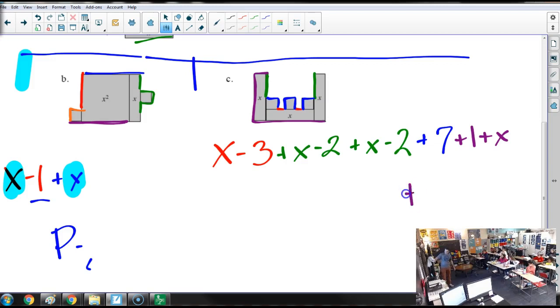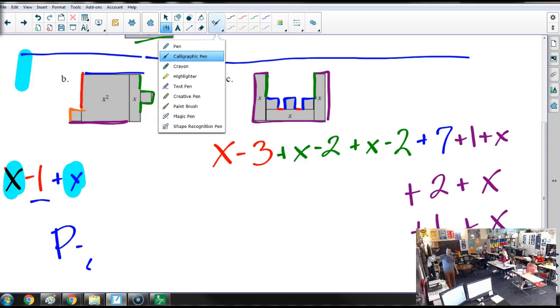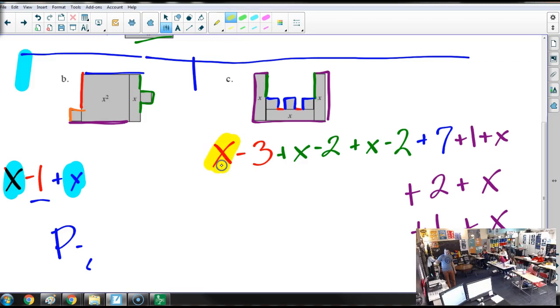So I'm going to keep adding things here. Plus 2 plus x. And then over here, another x and another 1. Get your like terms. This is why it doesn't really matter how I wrote this stuff out, kind of jumbled. Grab all of your x's. There's 1, 2, 3, 4, 5, 6. So we have 6x.